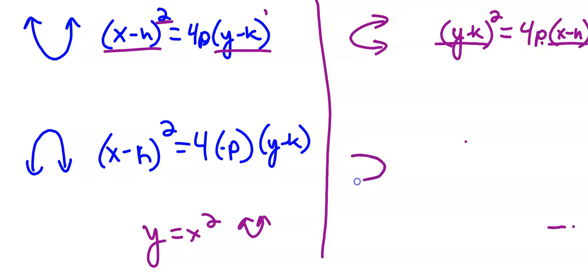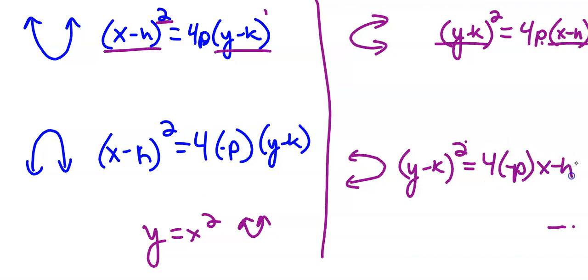If it opens up towards the negative terms, or points in the negative direction on the x-axis, that's a case when the p-value is going to be negative. And so whenever p is negative, whether it's horizontal or vertical, it's going to be opening up towards the negatives. When it's positive, we're opening up towards the positives.